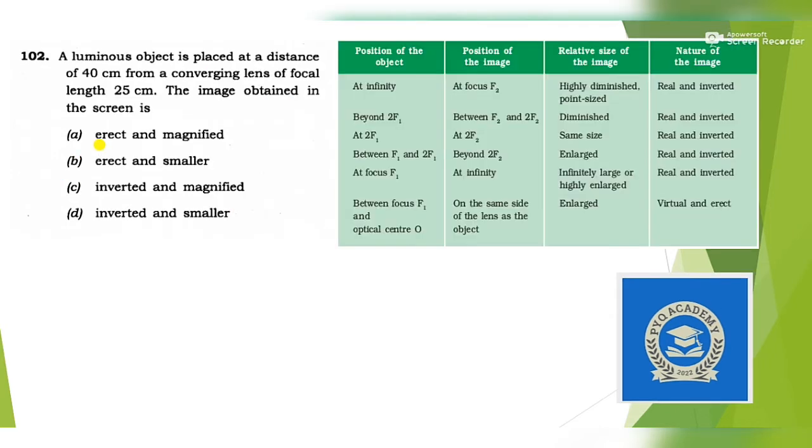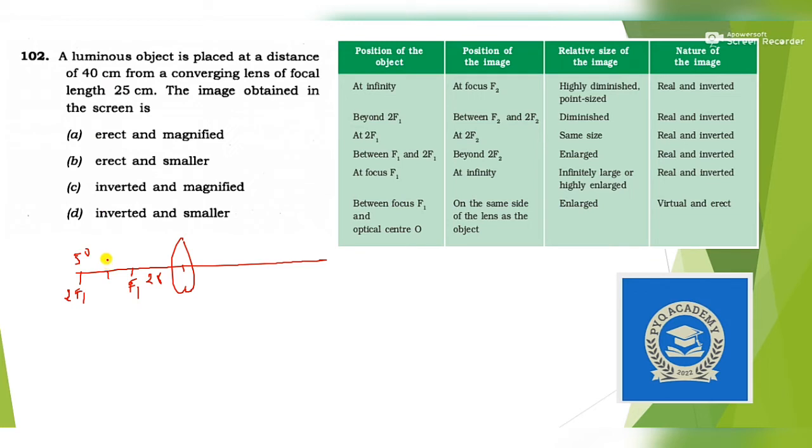Okay, so our answer is option B. A luminous object is placed at a distance of 40 cm from a converging lens of focal length 25 cm. Converging, that means this is nothing but a convex lens. Okay, and focal length is given, which is 25 cm, that is f1. 2f1 will be at 50 cm, and the object is placed at 40 cm here.